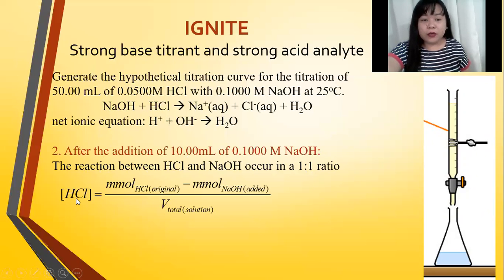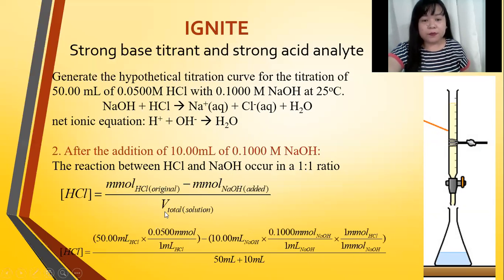Therefore, to determine the concentration of HCl in the system, that would be starting from the millimoles of original HCl present in the system, we subtract the number of millimoles of sodium hydroxide added. So this is only possible because the reaction occurs in a 1:1 ratio, all over the total volume of the solution.